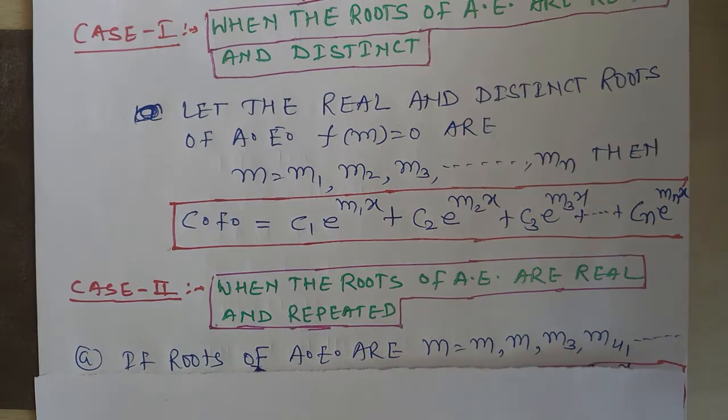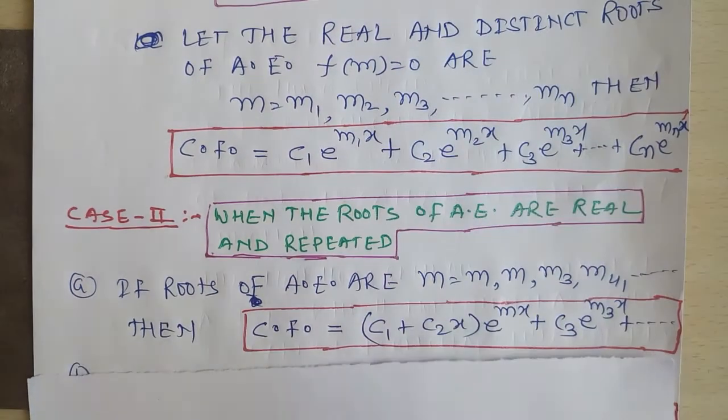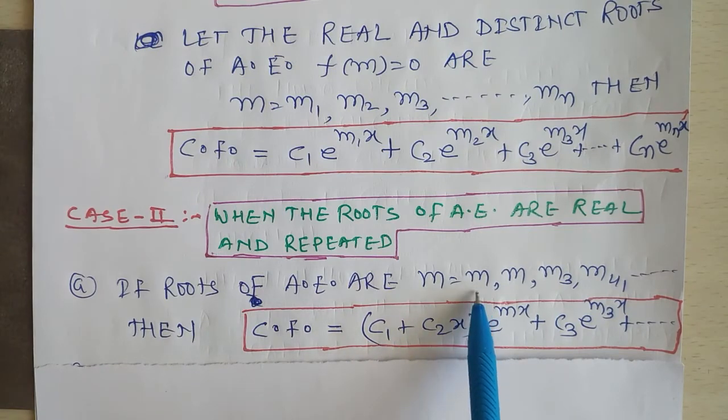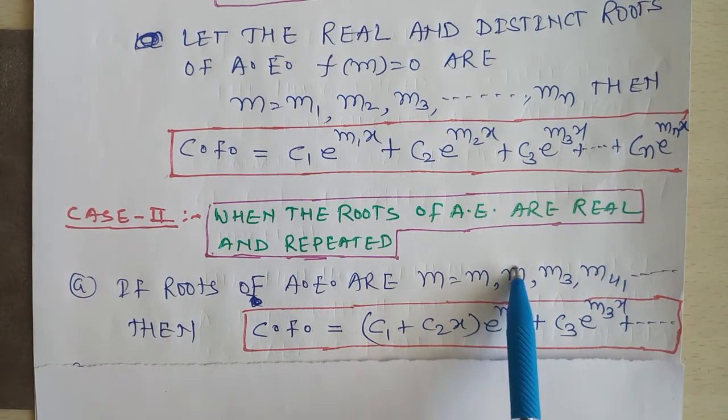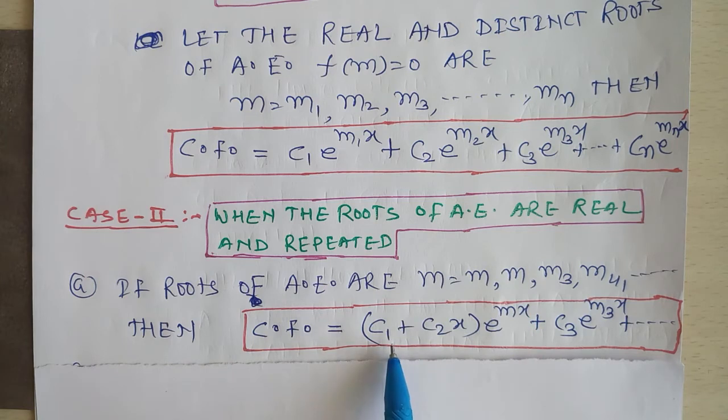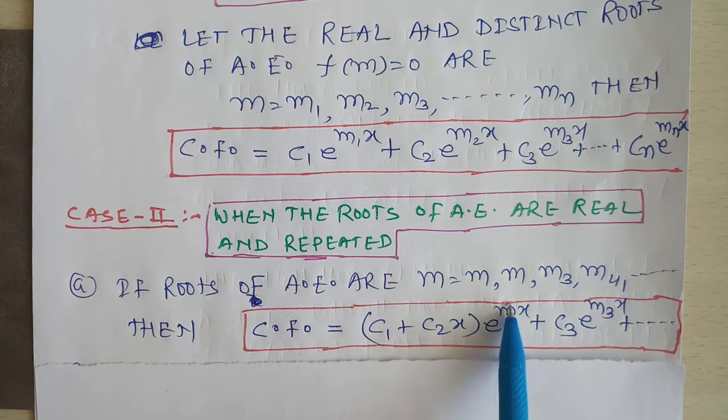Then the CF is given by writing this repeated root together as (C1 plus C2x) e power mx.